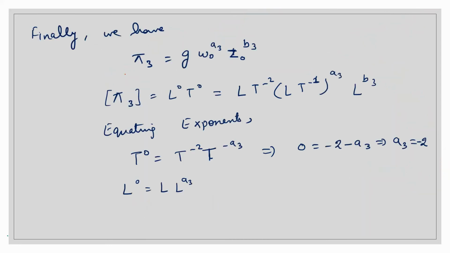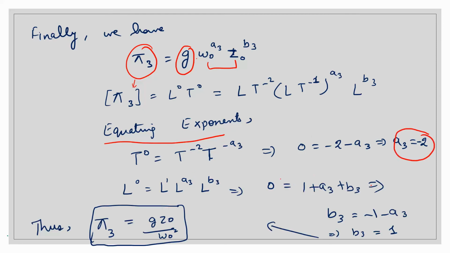In the similar way, you will find the third dimensionless group. Now you will put g with the repeating variables to the power a3 b3, and again you will find the dimensions of all these parameters, and then equating the exponents, you will find that a3 is -2 and b3 is coming out to be 1.